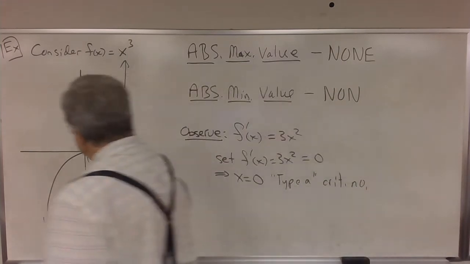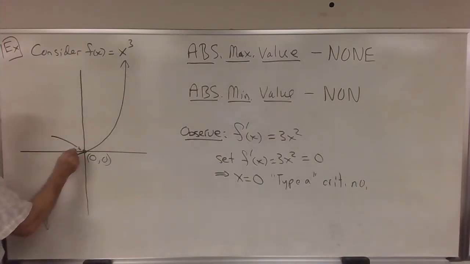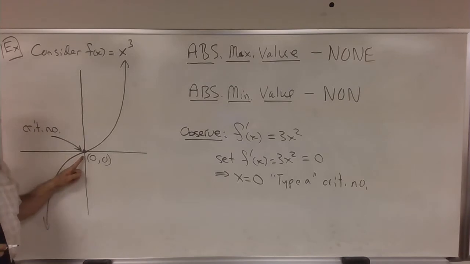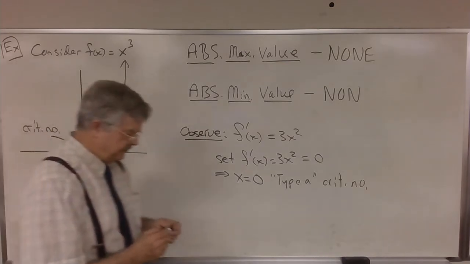So right here, we have a critical number, but we don't have a relative maximum or a relative minimum here. And we certainly don't have an absolute maximum value attained here, or an absolute minimum value attained here.